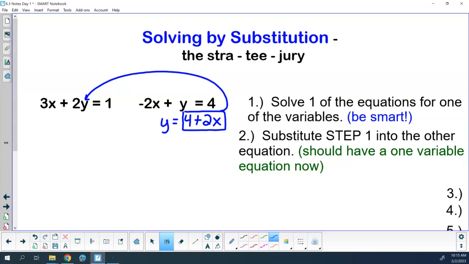So you would get here, then, 3x plus 2, and now, instead of writing y, you're going to write 4 plus 2x, and that is equal to 1. Now what do you want? Solve it.